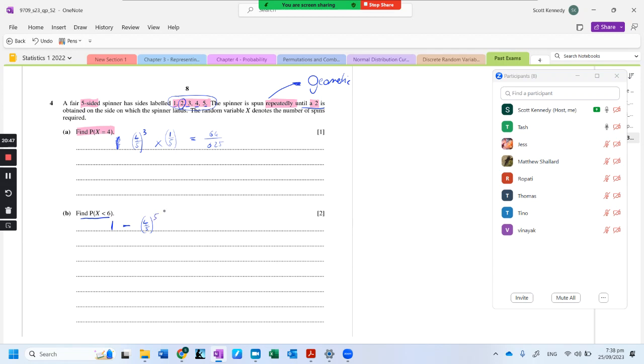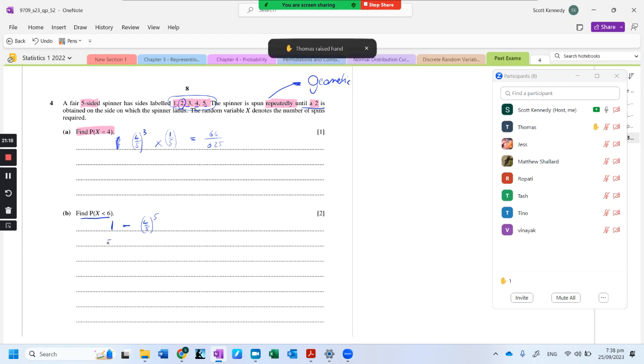Okay. Because if we want it less than 6 times, that means if we fail 5 times, that would mean it has to be at least 6, doesn't it? But we want less than 6. So if we find what's the chance of it being 6 or more, that's 5 fails, right? Because if you fail 5 times, you've got to keep going until you get a 2. So if we go 1, take away that, we should have the probability of it being less than 6 times.